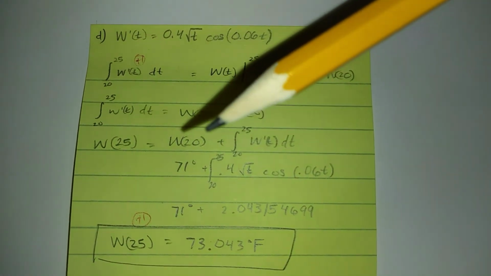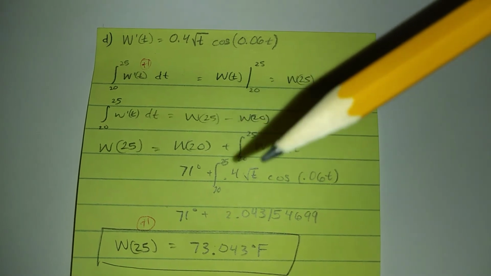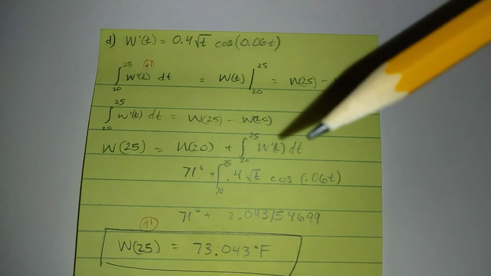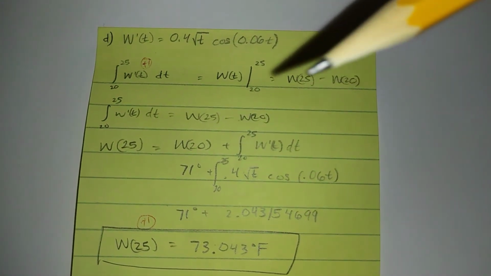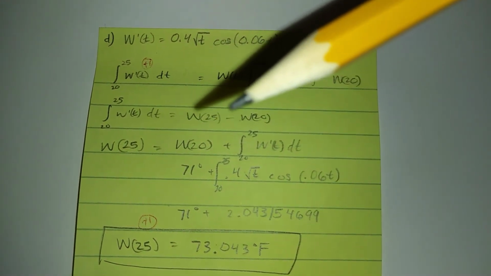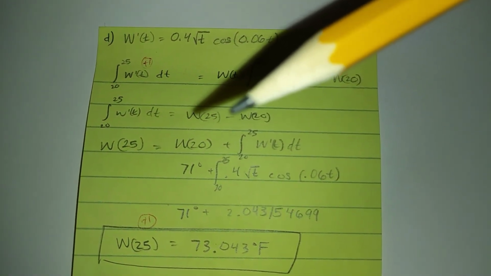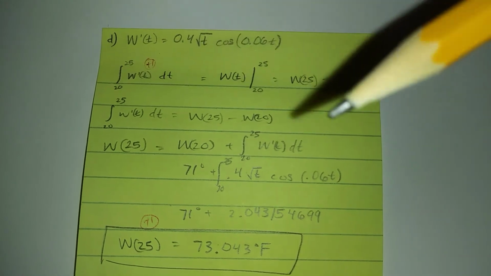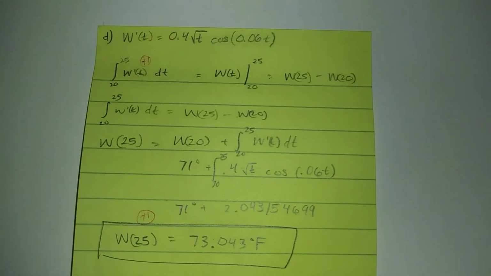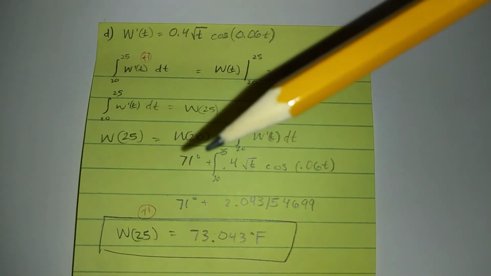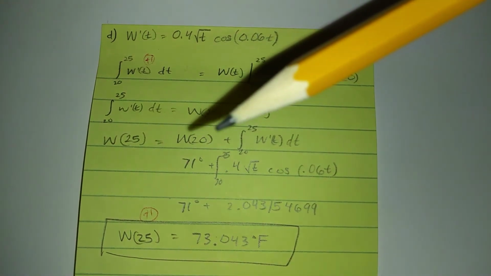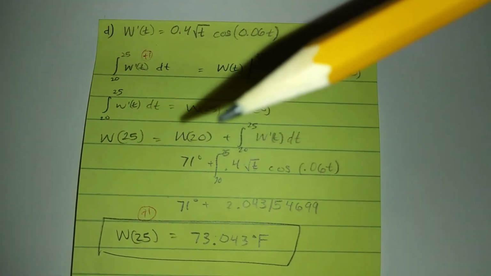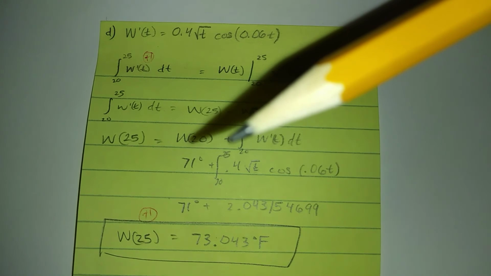So W(25) equals W(20) plus the integral from 20 to 25 of W prime of t dt. I did this because I subtracted W(20) from one side and added the integral on the other side to isolate W(25). According to the table given, W(20) is 71.